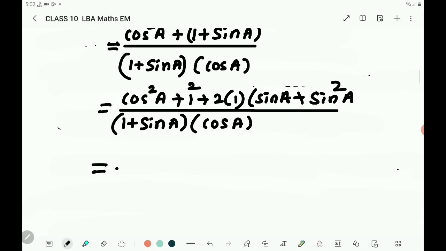Then bring this cos square A, sin square A together. You can use the identity for that.